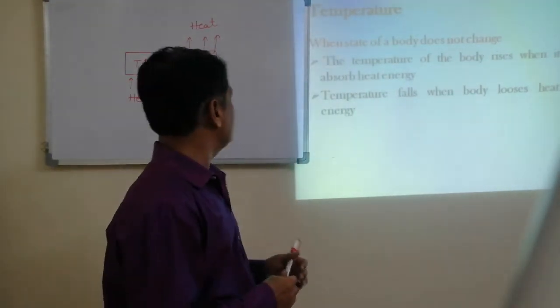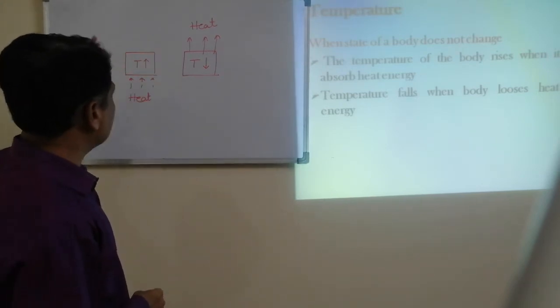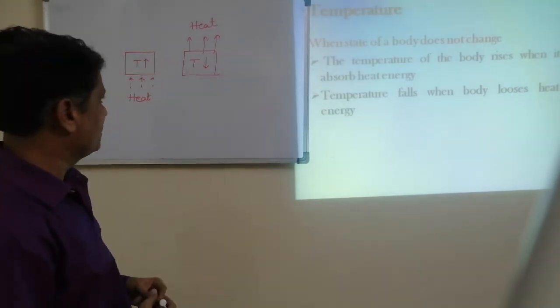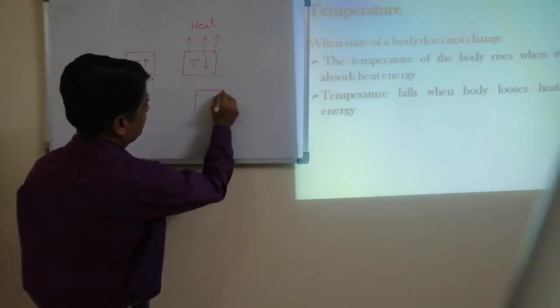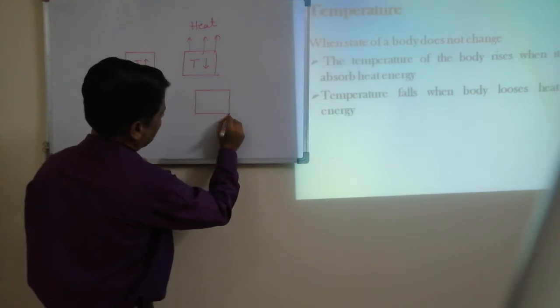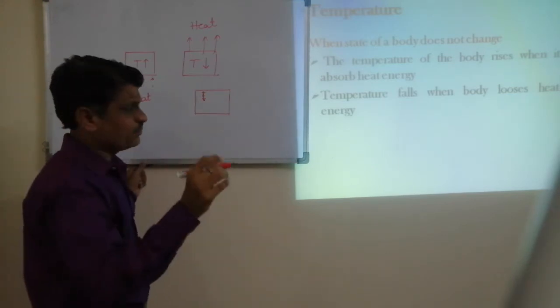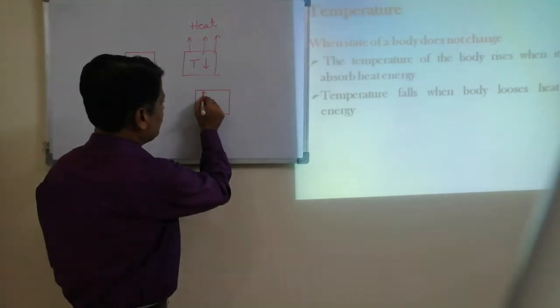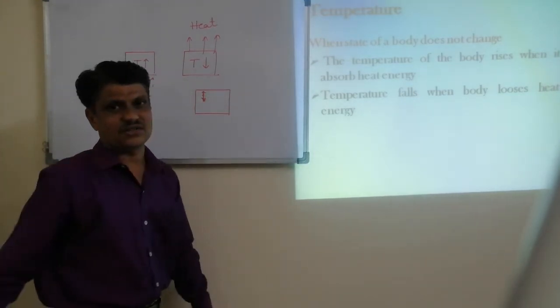But the question arises: inside the body, what decides the temperature? As we have studied earlier, in matter every atom or molecule is vibrating about its mean position. These vibrations have kinetic energy.